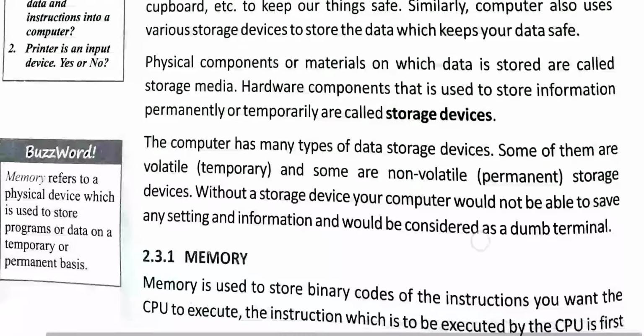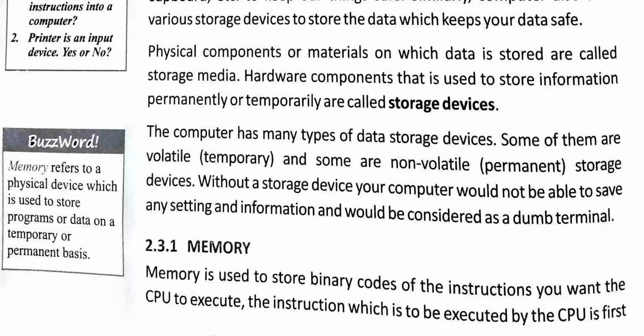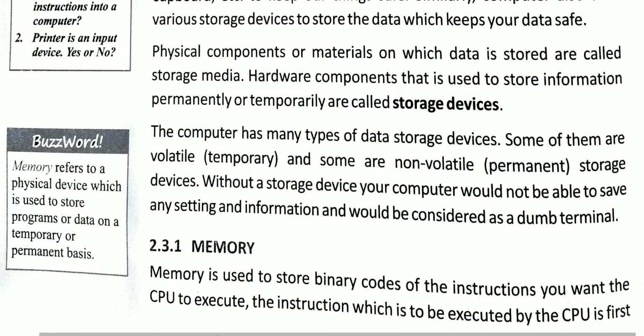Physical components or materials on which data is stored are called storage media. Hardware components that are used to store information permanently or temporarily are called storage devices. The computer has many types of data storage devices.